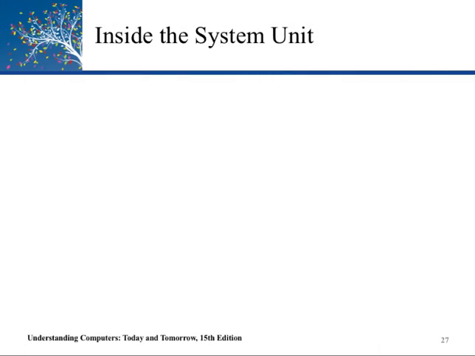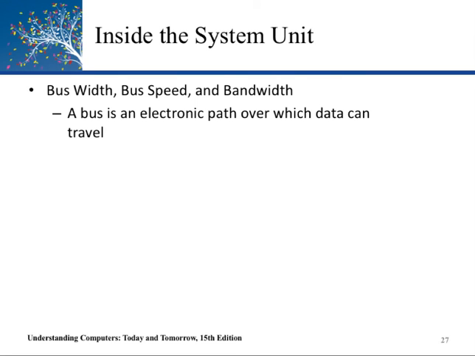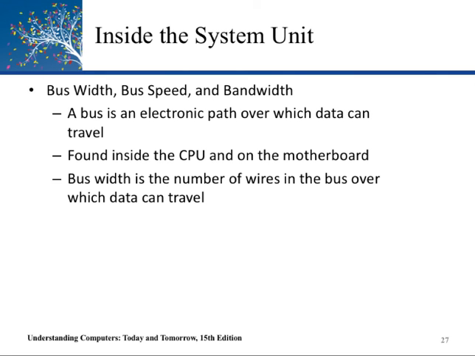Okay. Just to move on, there's a couple more things in this system unit I want to look at before we break for the second video. There's the bus speed and the bus bandwidth, and the bus communicates from one component to another. This is where data can travel. It's inside of the CPU on the motherboard. And the width is the number of wires used for the data to travel over. Think of this like a highway on the road.